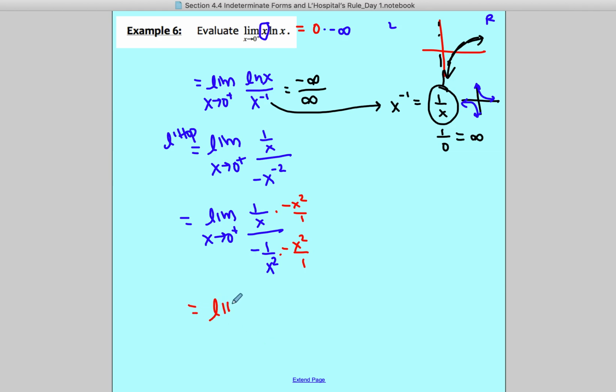So now I have my limit as x approaches 0 from the right. This all cancels out, giving me negative x. If I plug in 0, I'd have negative 0. There's no such thing as negative 0, it's just 0. So there is example 6.